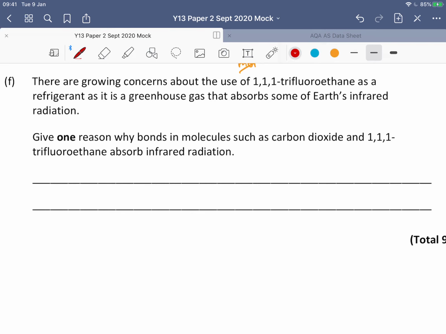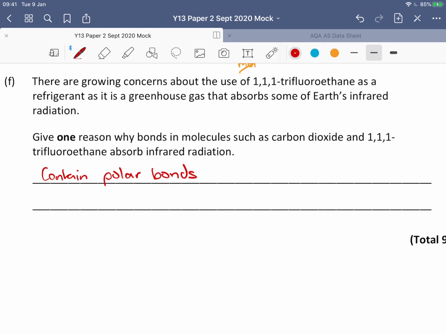And yet all the other things that are talked about as greenhouse gases are, methane, carbon dioxide, these CFCs, and basically compounds. And the reason is that in all of these, in carbon dioxide, in trifluoroethane here, they contain polar bonds. It's the fact that they're polar.